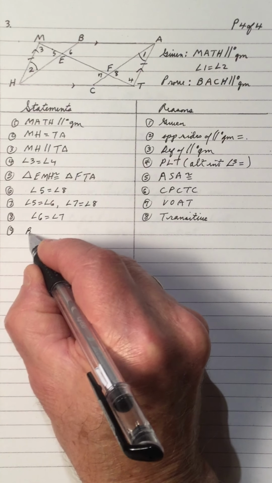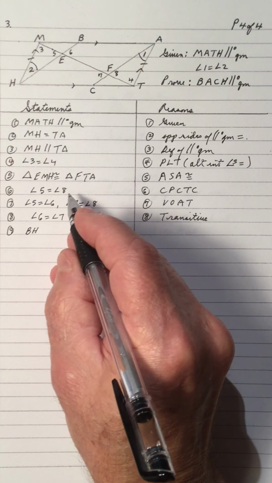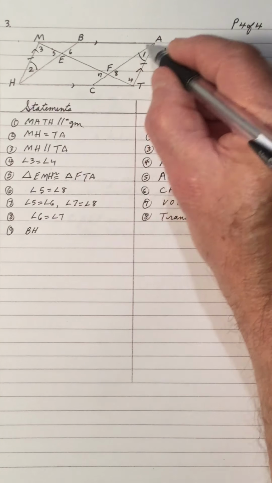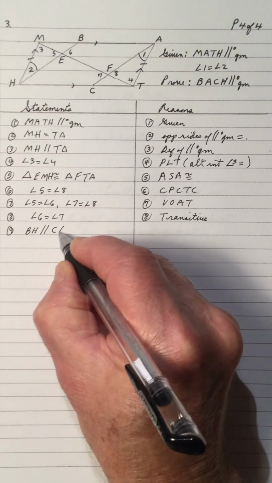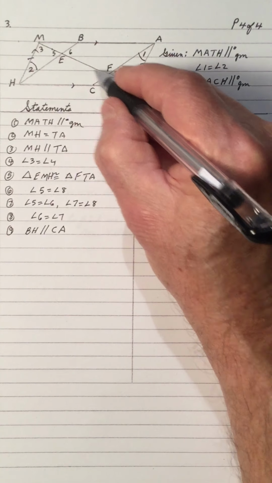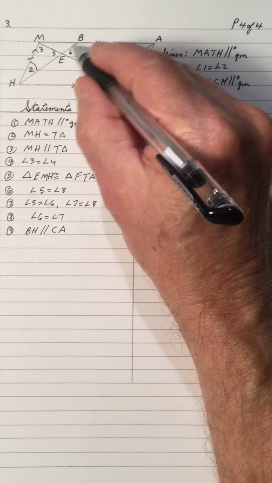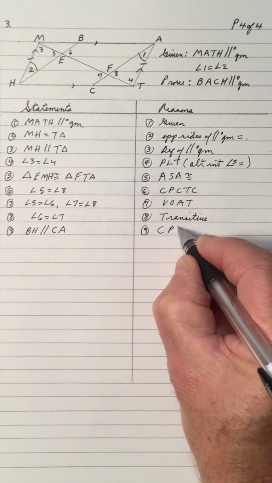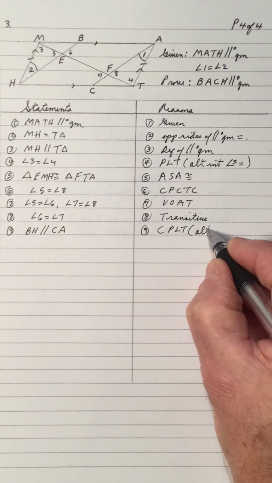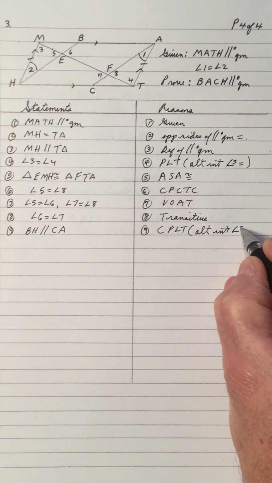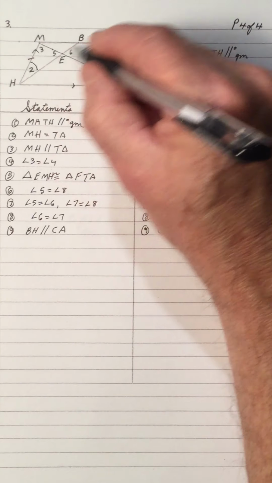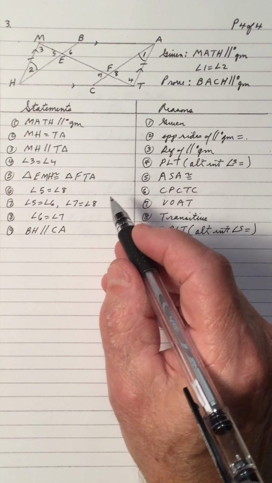So that means that BH is parallel to CA, because 6 equals 7 alternate interior, and that's because of the converse of the PLT: alternate interior angles equal. If I have the alternate interior angles 6 and 7 equal, these lines are parallel.